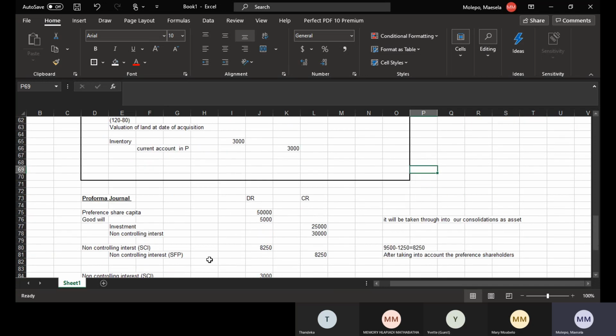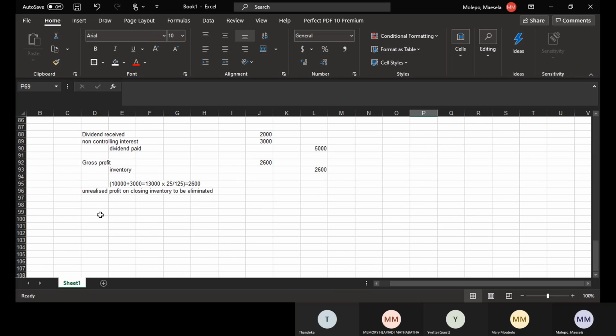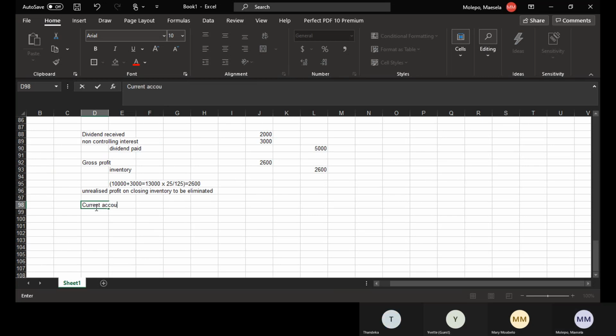So it will be the current account in P versus the current account in S. So all of them will be equal to 8,000.